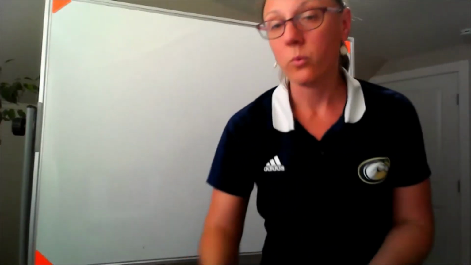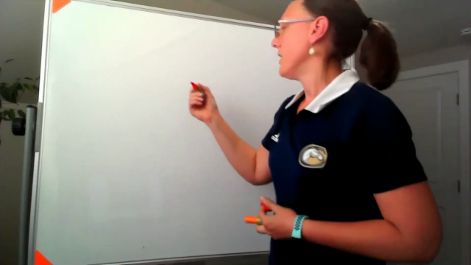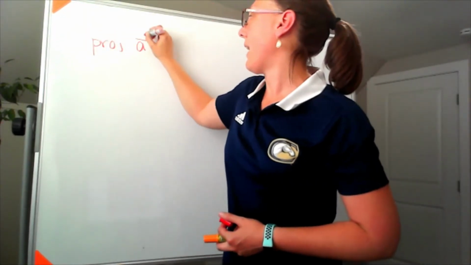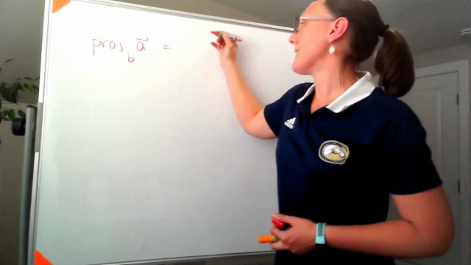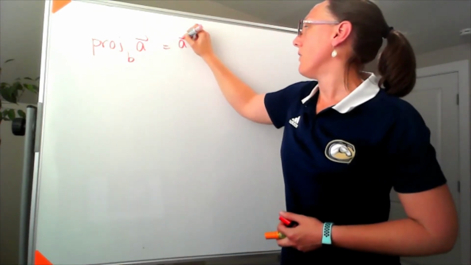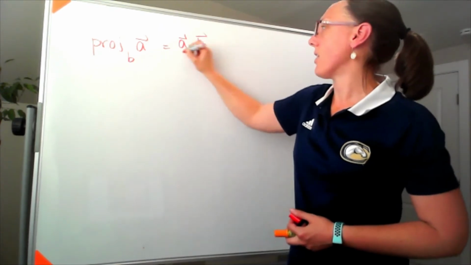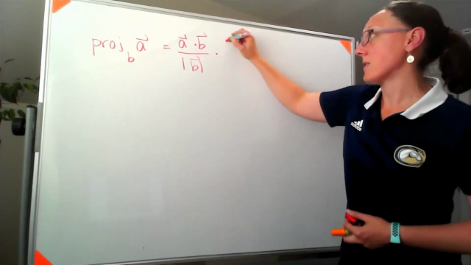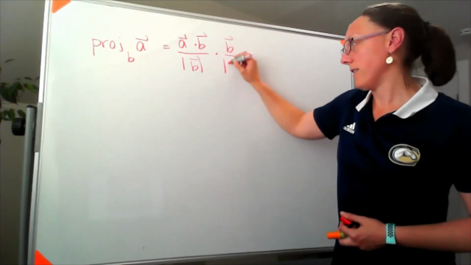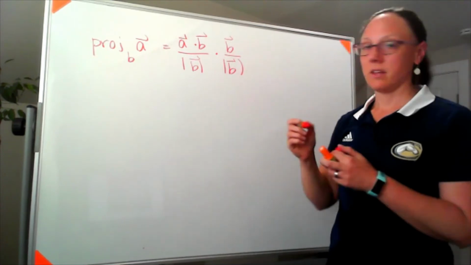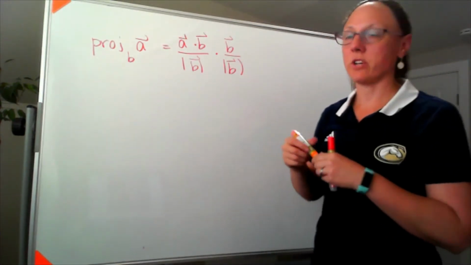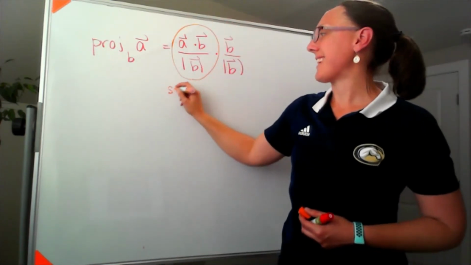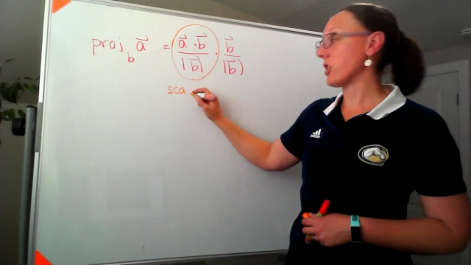Now, the formulas that you're going to want to know when it comes to vector projections. We write a projection of A onto B is equal to the dot product of A dotted with B divided by the magnitude of B, times B over the magnitude of B. This portion right here is referred to as the scalar component or the scalar projection.